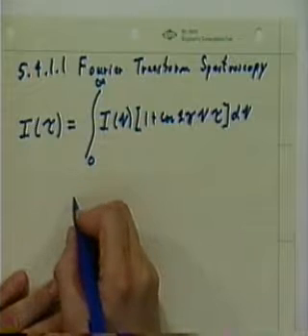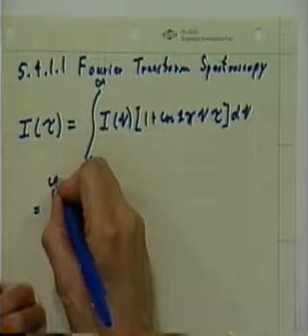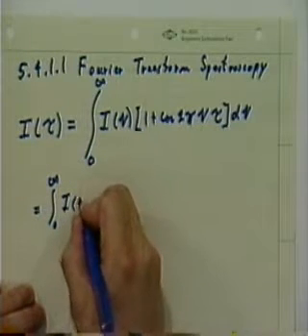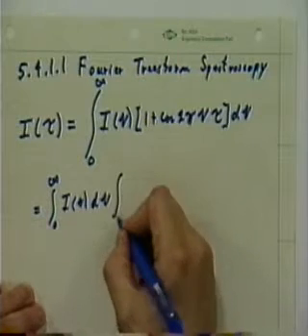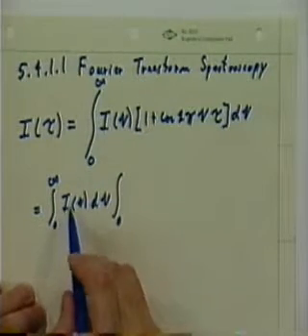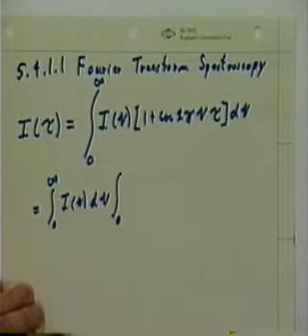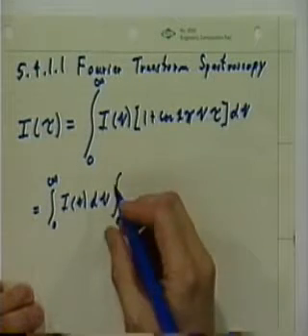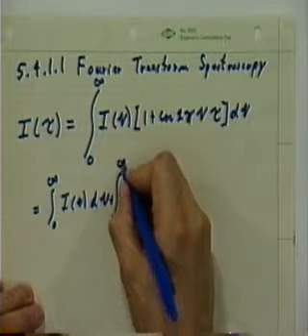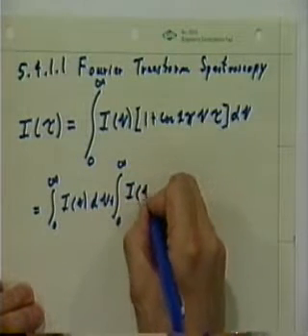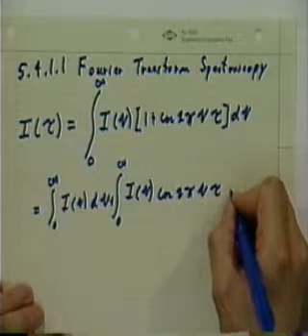And so we could rewrite this as integral from 0 to infinity, I of nu d nu. So I of nu is simply the intensity distribution as a function of frequency here. So I of nu d nu plus integral from 0 to infinity of I of nu cosine 2 pi nu tau d nu.